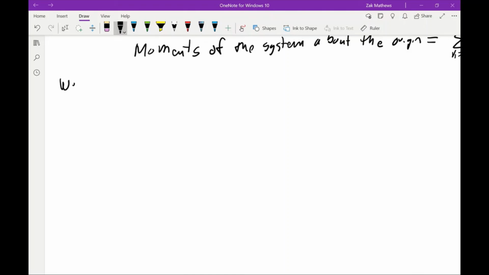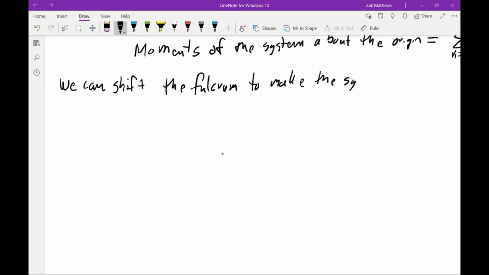We can shift the fulcrum to make the system balance. So think about that initial picture we had. We initially had our fulcrum right here, with m1, m2, m3 at their respective positions.